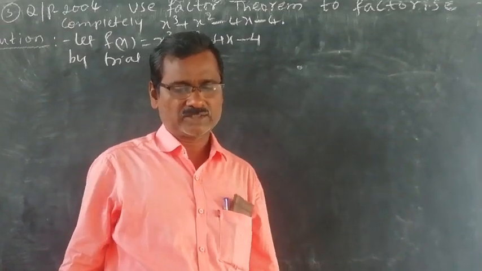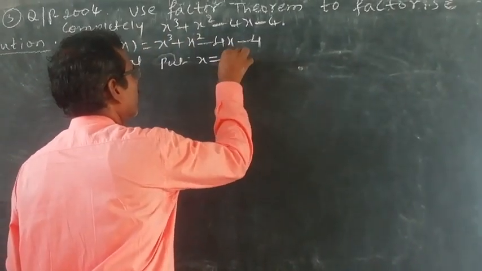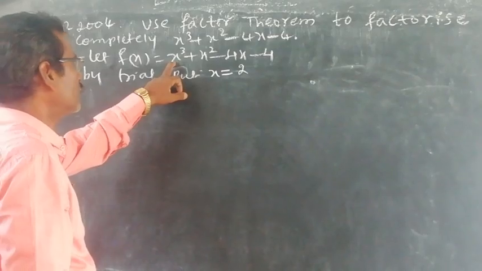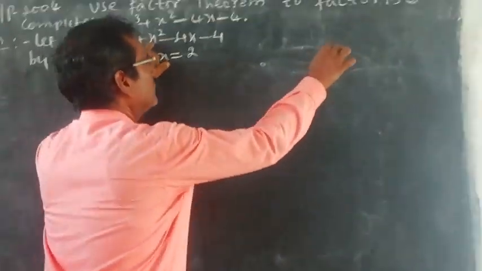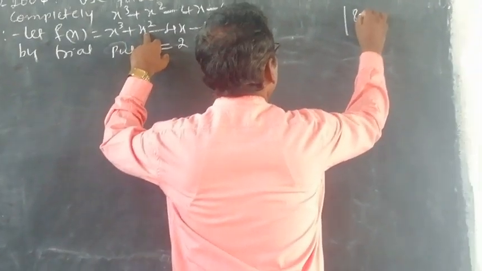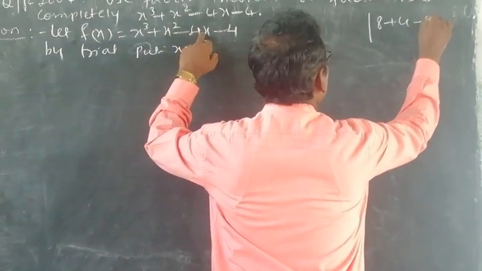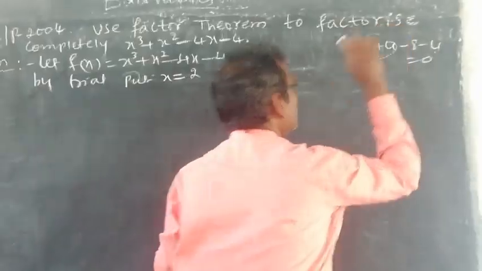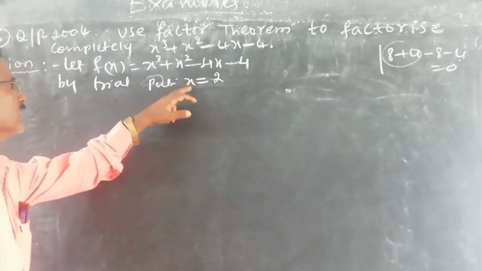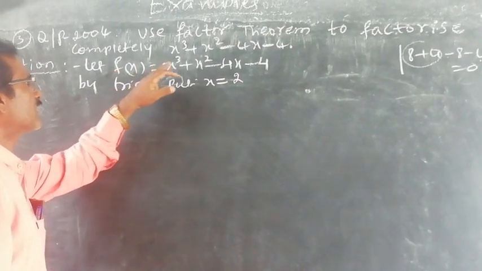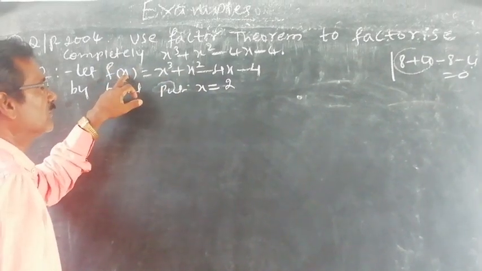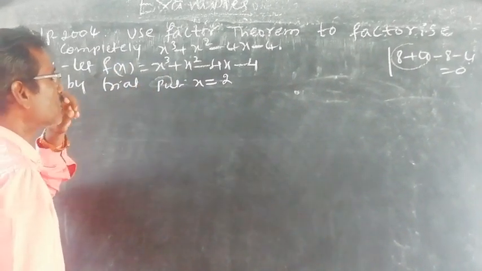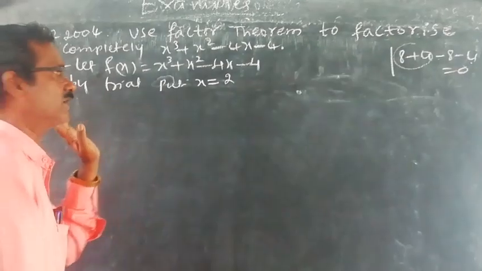By trial I will put x is equal to 2. 2 cube is 8, 2 square is 4, so 8 plus 4 is 12, minus 8 minus 4 is minus 12. This is equal to 0. Means when x is equal to 2, this polynomial becomes 0. Now we can say that x minus 2 is a factor by trial.